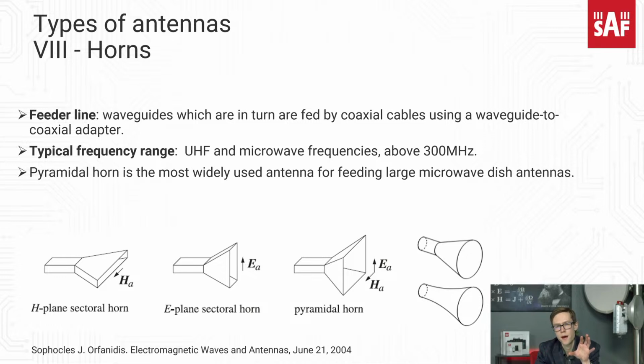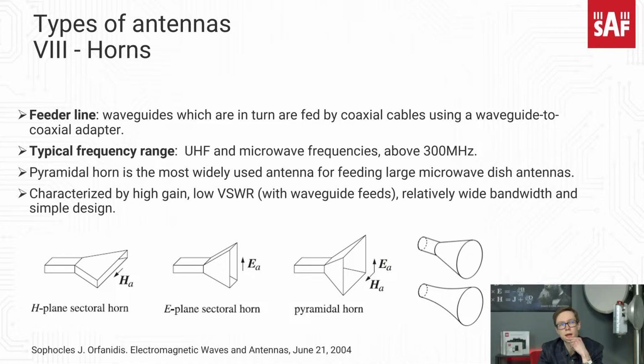For example, for the microwave larger dishes, for the parabolic antennas, these antennas are used as a feeding element. So actually it could be an antenna inside the antenna. So a combination of two. The one is used at the primary feeding point, and the reflector antenna is used as the main antenna, which directs the power further.